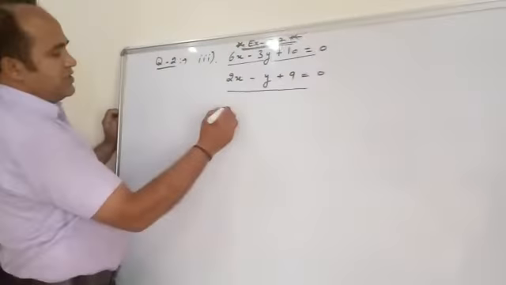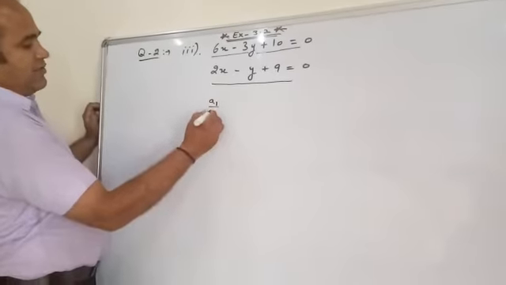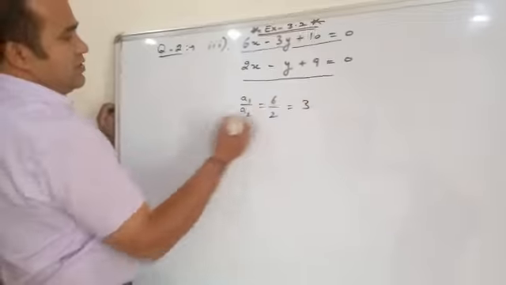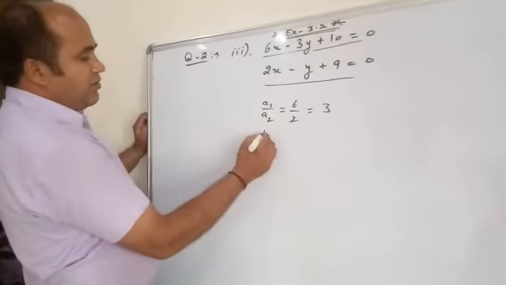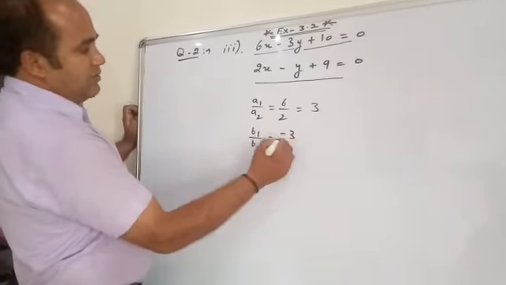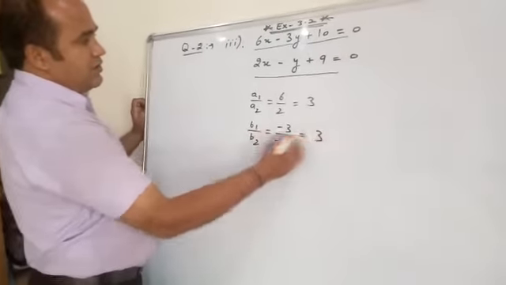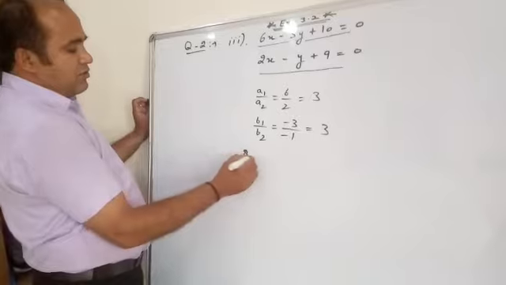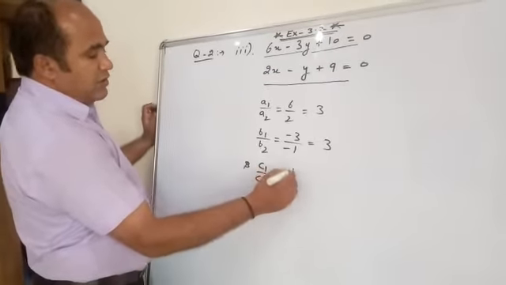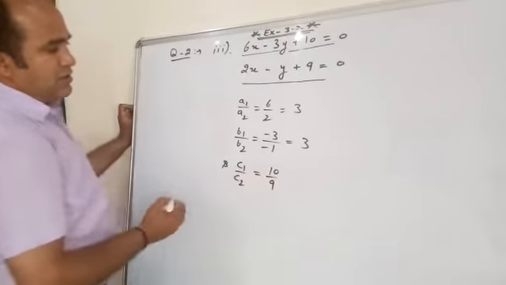So here the coefficients of x are a1 by a2, 6 by 2, which is 3. Coefficients of y, b1 by b2, minus 3 by minus 1, is 3. And the constants c1 by c2, 10 by 9.